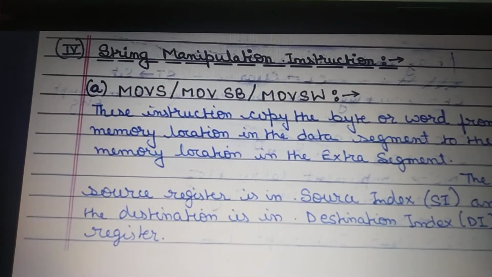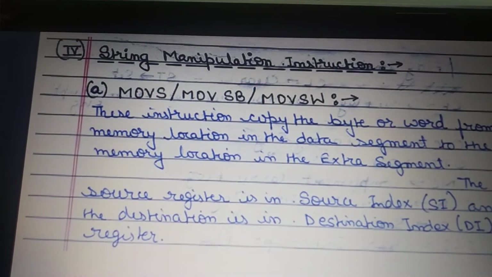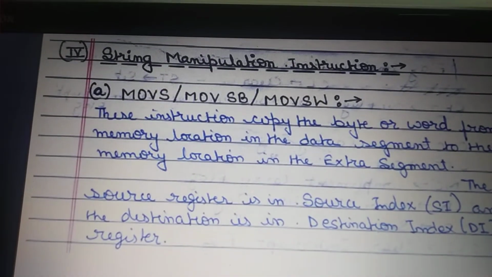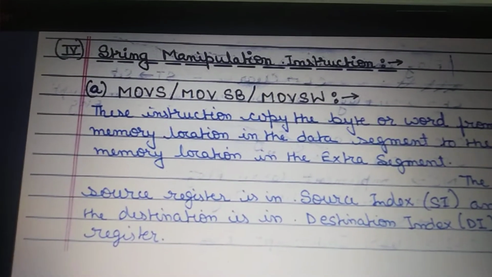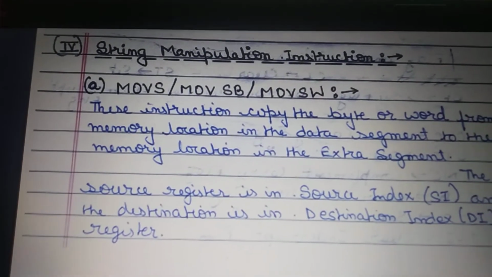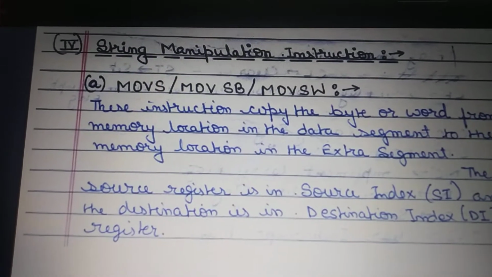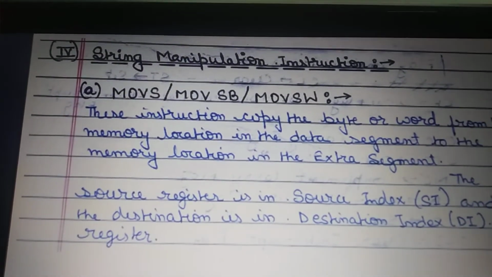So this instruction is used to transfer the content of the data segment to the extra segment. Here the data may be 1 byte or 1 word, that is 8 bit or 16 bit.